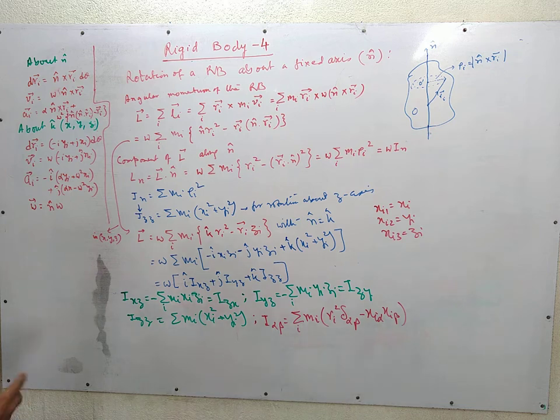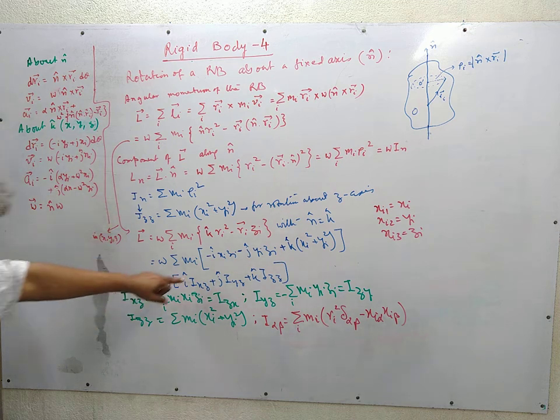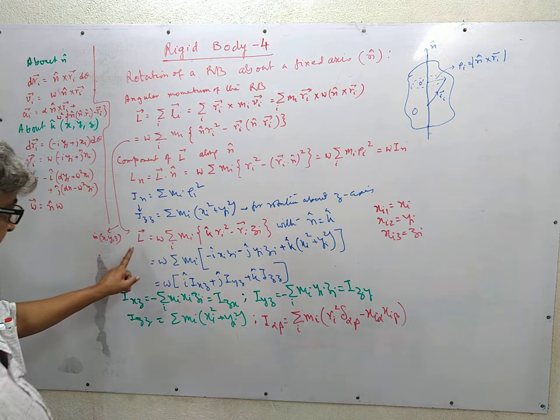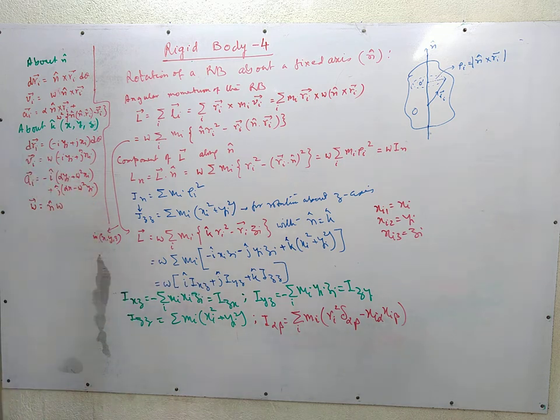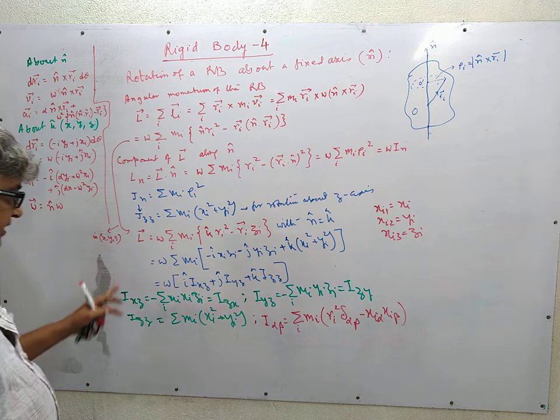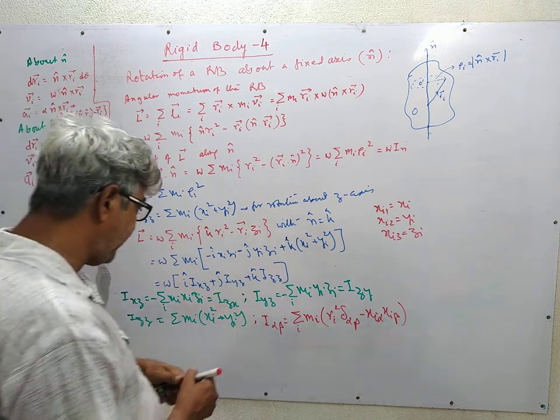However, for a symmetric body, if the axis of rotation be an axis of symmetry, then this product moment of inertia vanishes, and in which case L becomes parallel to omega. Otherwise, for rotation about a symmetric axis, L is parallel to omega.